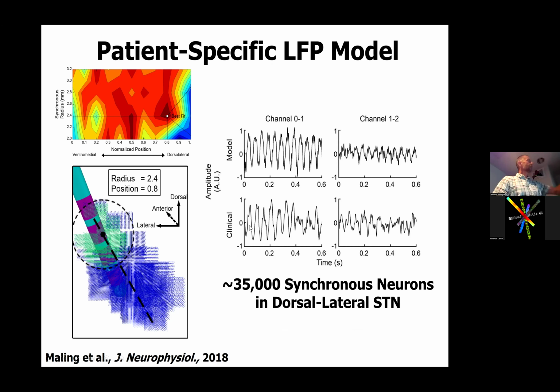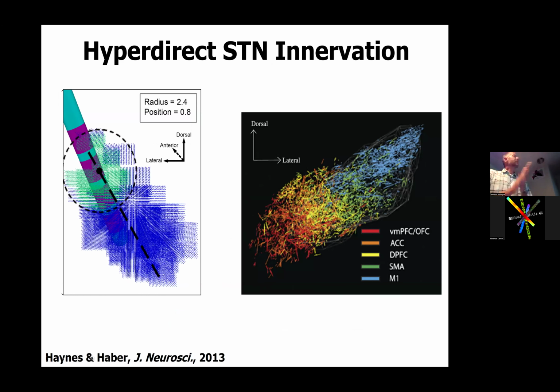And you run through all this, and I'm sure no one cares about the math, but the cool output of this is that for the first time, we give ourselves an estimate of, all right, to get the signals that we're seeing in these patients, we'd probably be needing about 35,000 synchronous neurons, and those neurons are probably going to be located up here in this dorsolateral subthalamic nucleus.